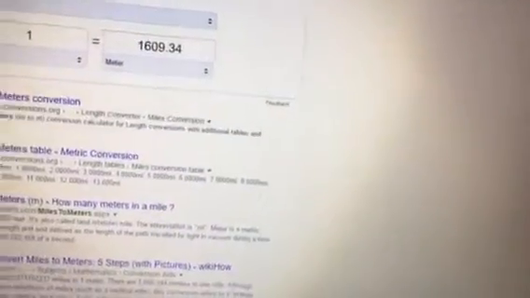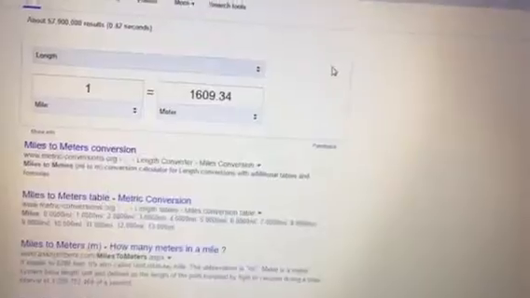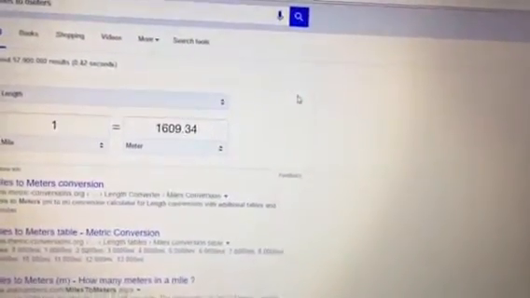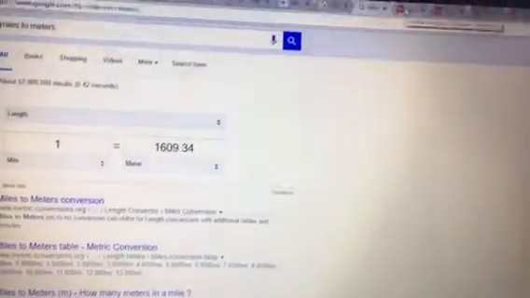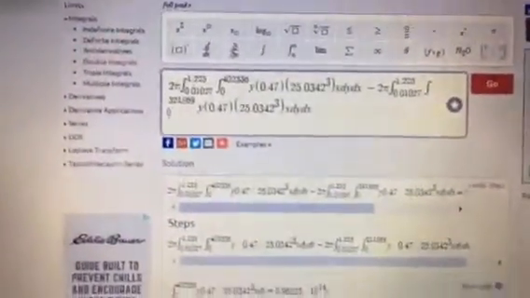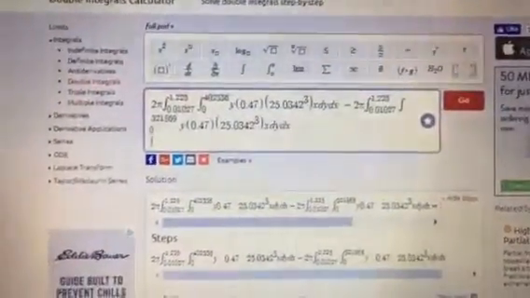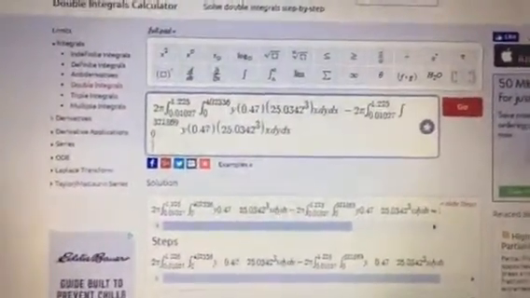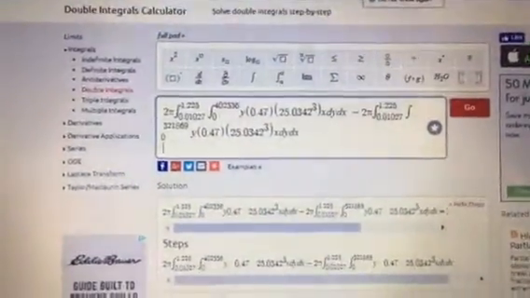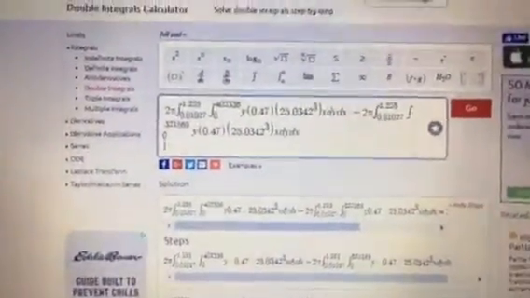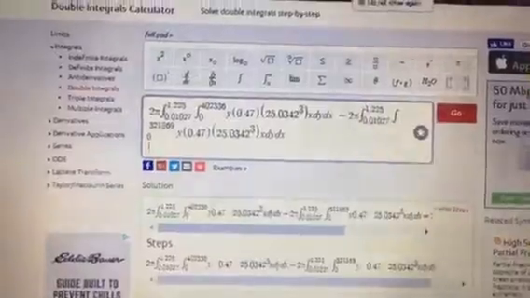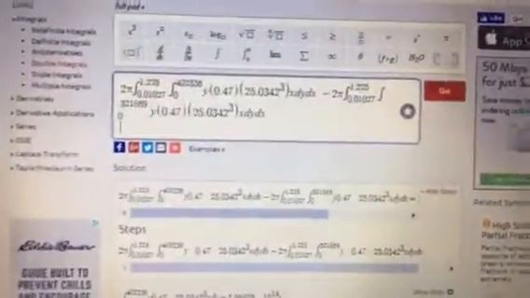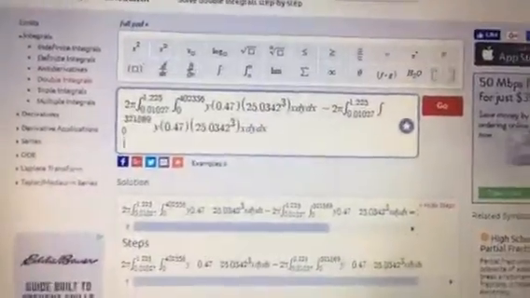And now I also converted all the mile measurements into meters and miles per hour into meters per second, and divided the total diameters to get the radii of the different systems. And so I then took the double integral of 2 pi times the bounds, which I set for my y function, which was the air density from the air density at the ground, which is 1.225, to 0.01027, and the integral of the bounds for the radii, which changed every time I wanted to get a new measurement.